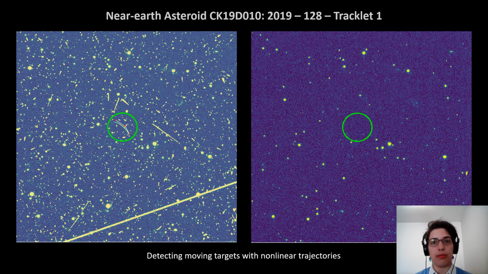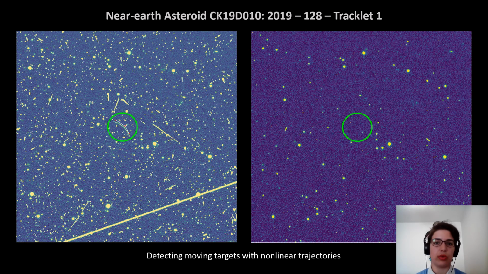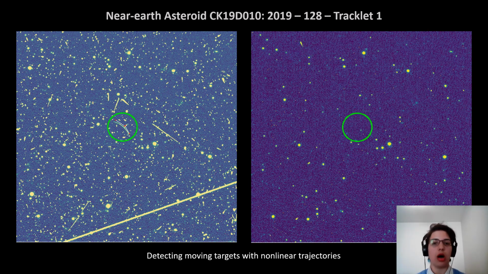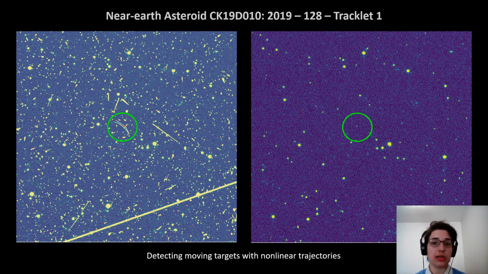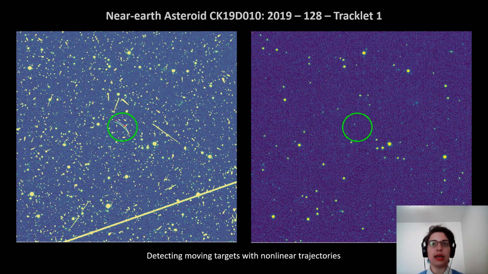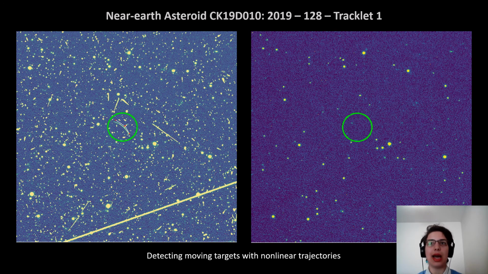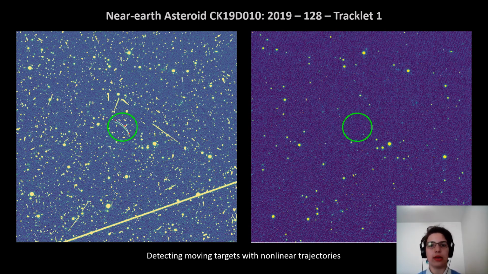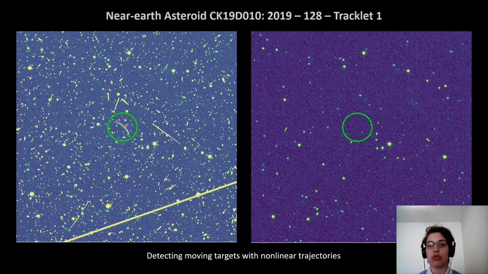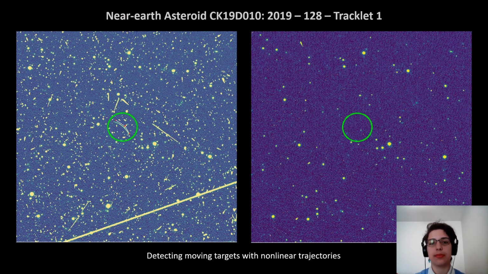Our algorithm shows no dependency to the trajectory shape of the moving object. While the path of this asteroid is not a linear streak, our algorithm is able to detect its path by creating and connecting sequential line segments.